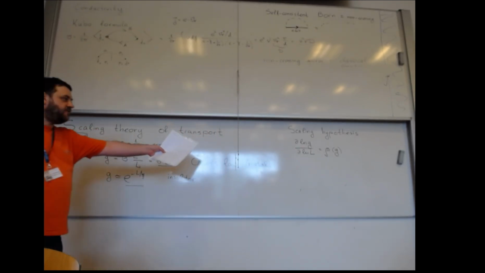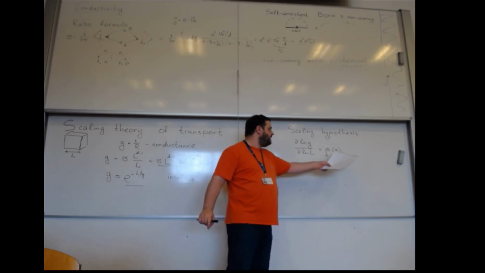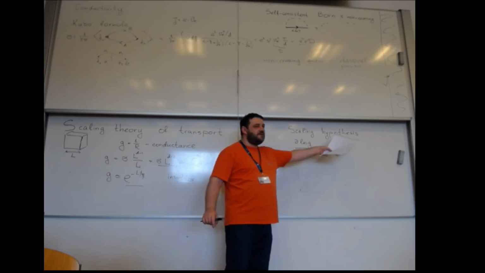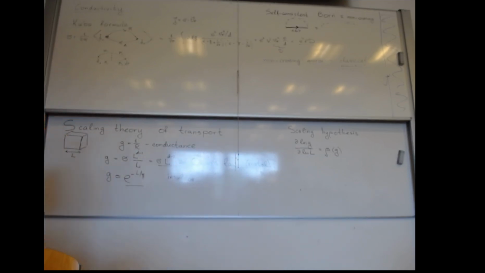If this derivative can be expressed as a function of g, it means that the system has this scaling. So the scaling hypothesis is the hypothesis that this identity exists.